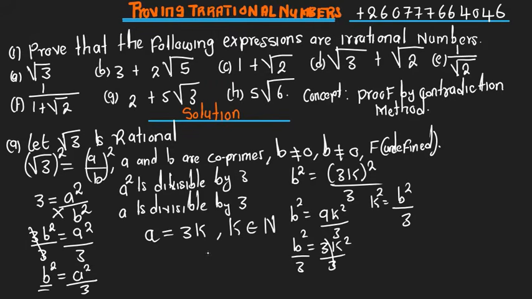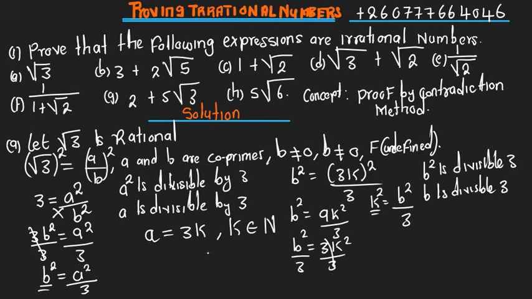Now notice what is happening. When we divide 3 into b to the power 2, we are getting a defined number. Henceforth, we can say that b squared is also divisible by 3, and if this is true, then b is also divisible by 3.